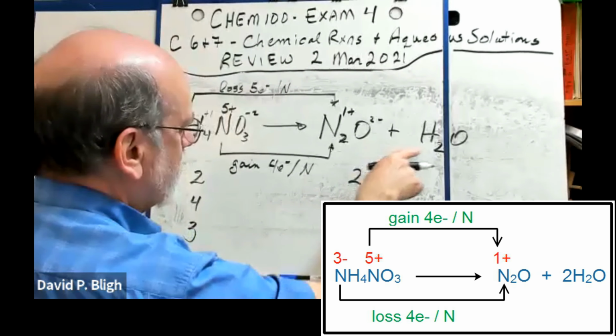So, nitrogens are good. Hydrogens, how about that? If we need 4 hydrogens, we put a 2 here, right? So what does that do? That makes 4 hydrogens, and 2 plus 1 is 3 oxygens. Okay, that was easier than I expected. I didn't need to do oxidation reduction to get there.